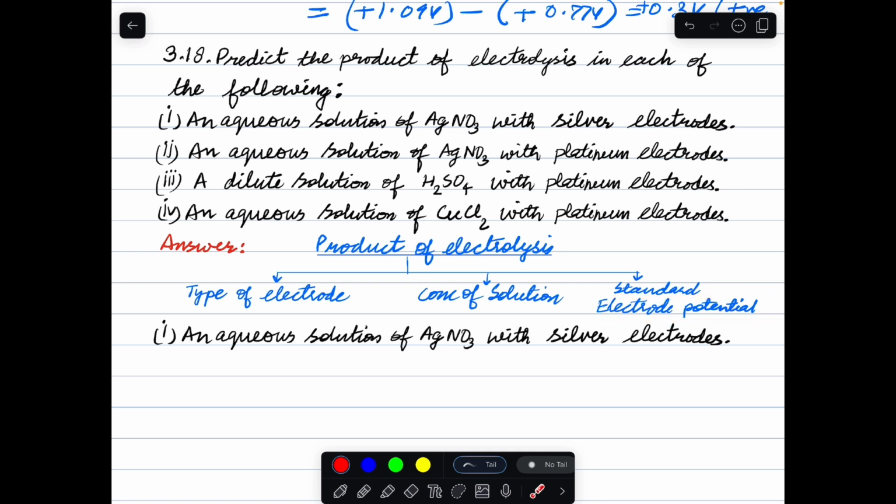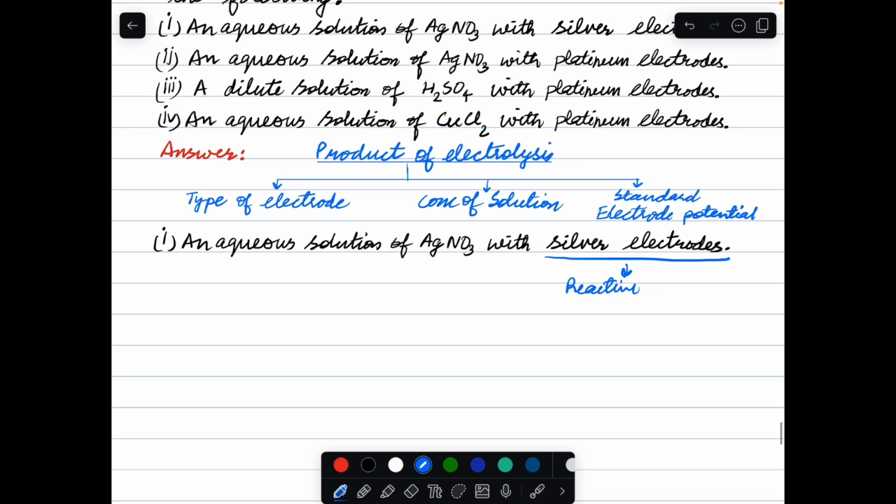Okay, so the first one, we have an aqueous solution of silver nitrate with silver electrode. Now in this case we have a silver electrode. Silver electrode means what? These are reactive electrodes, and therefore they will take part in the reaction at a specific electrode. Okay, so we have to keep in mind that the silver electrode will also be involved in the reaction.